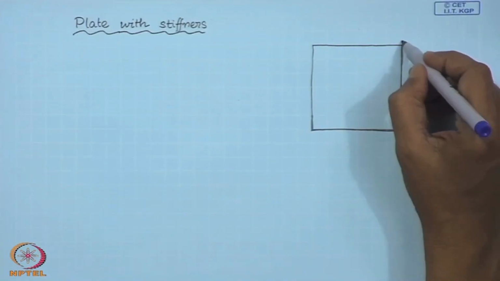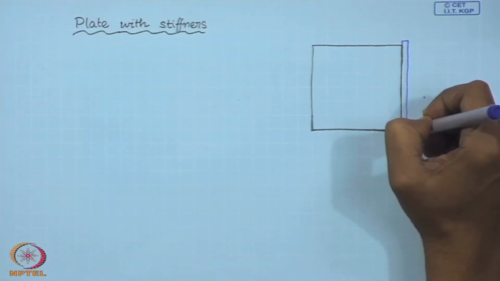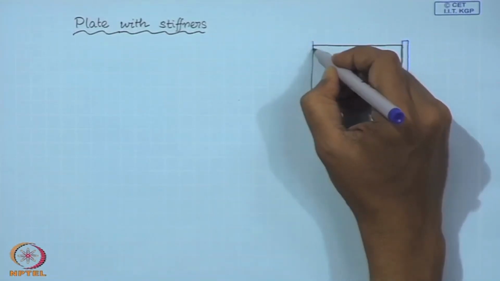We consider that this plate is clamped on these two opposite edges.